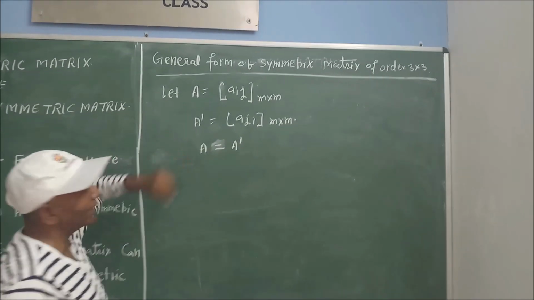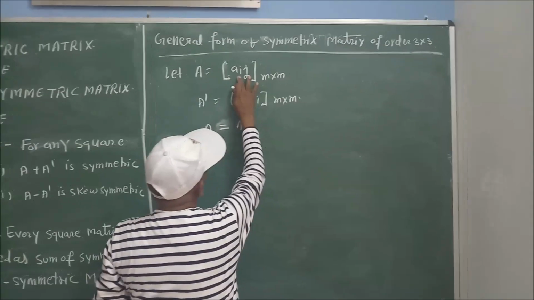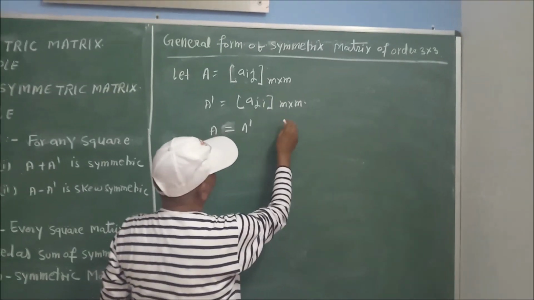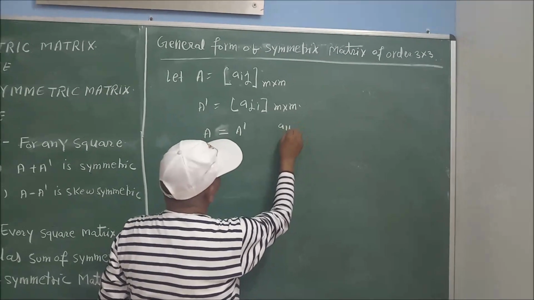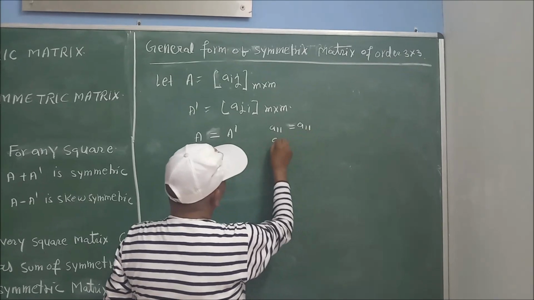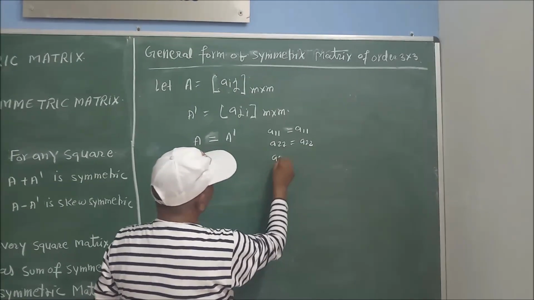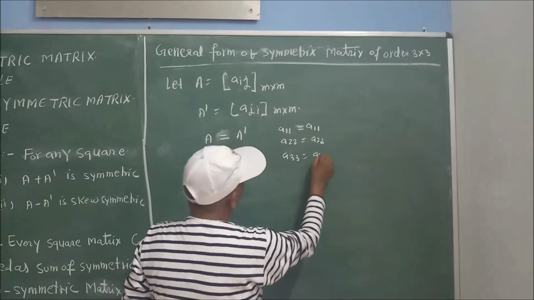So how can we make a matrix symmetric? If I and J are both equal, then we can say a11 is equal to a11, a22 is equal to a22, a33 is equal to a33.